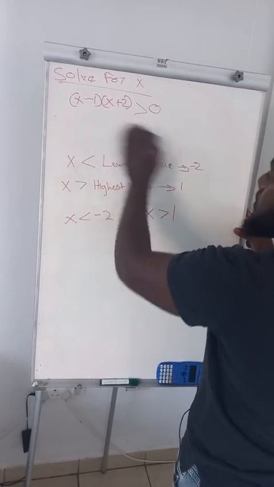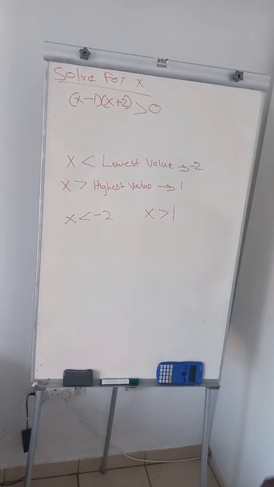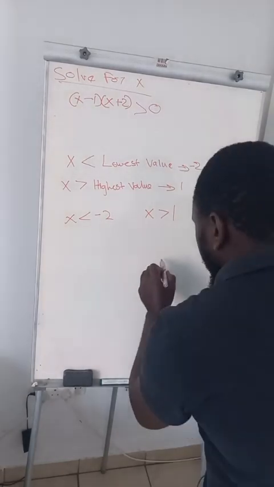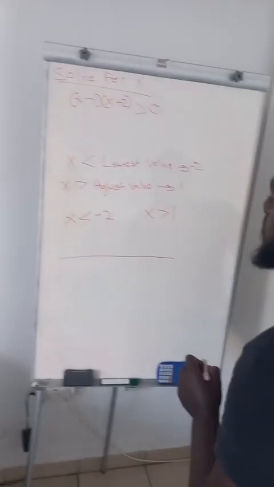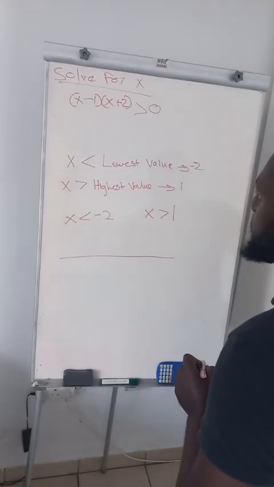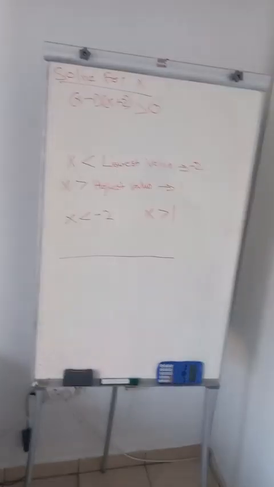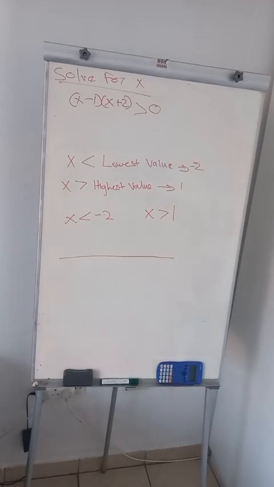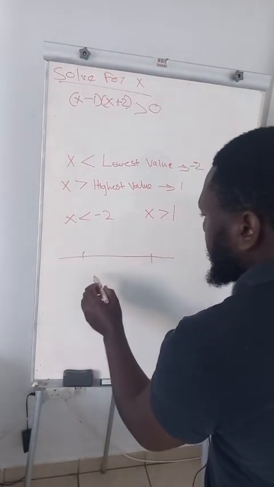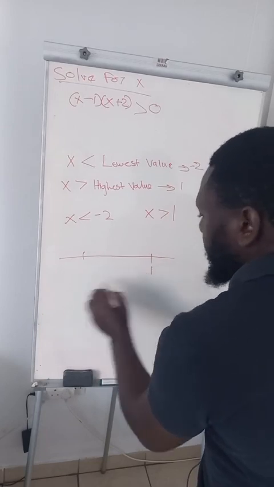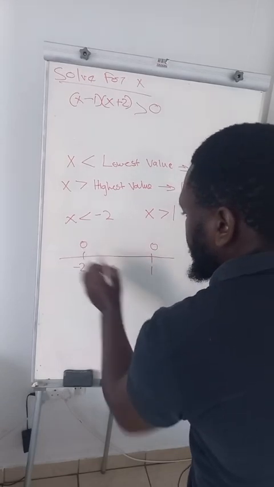Now, when you draw the number line, it means your number line will be, check, 1 here, negative 2 here.